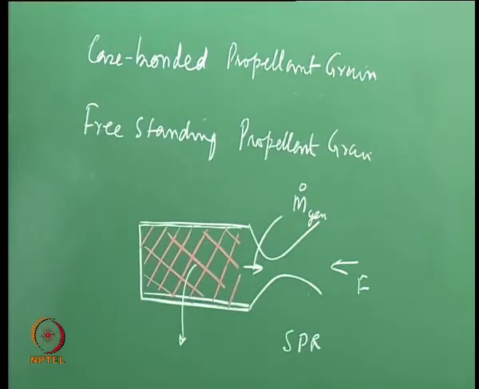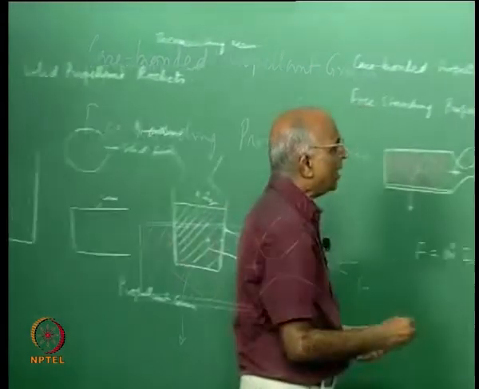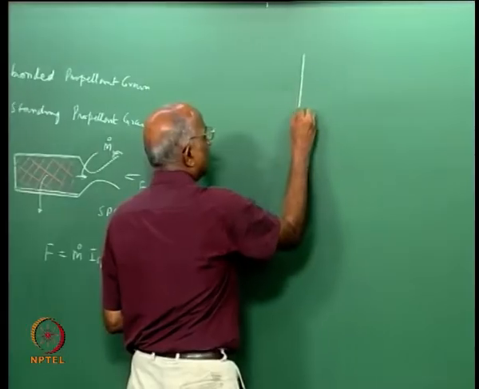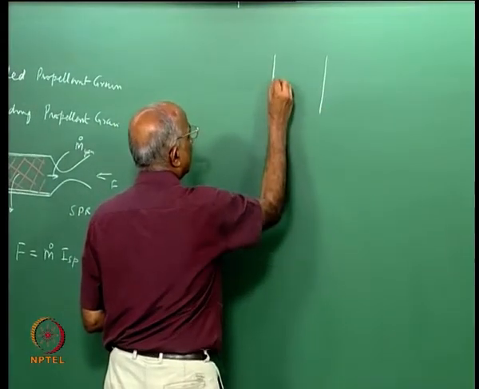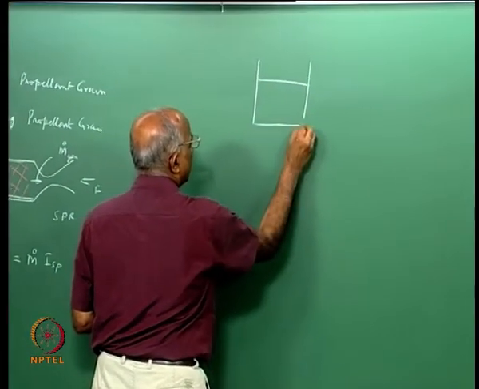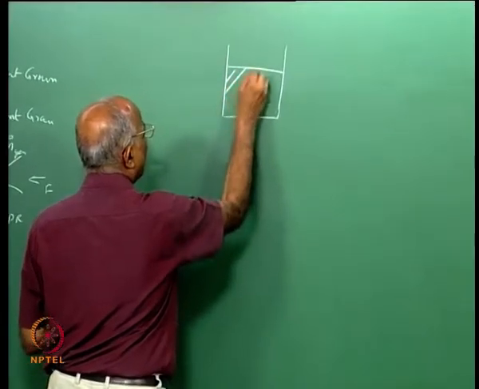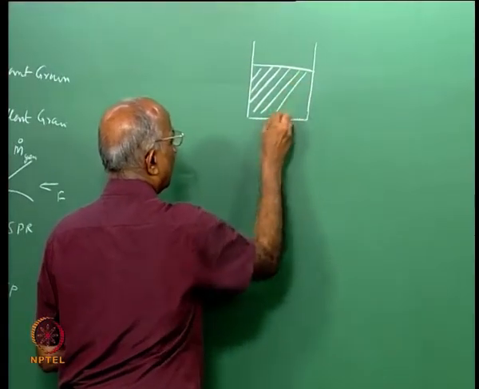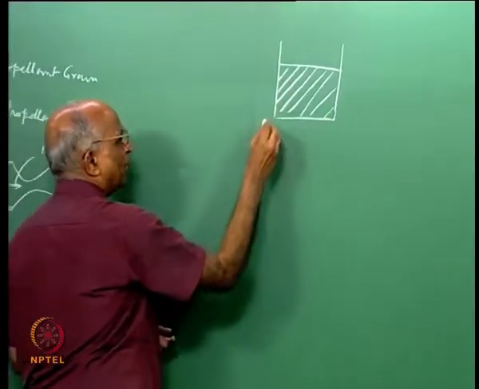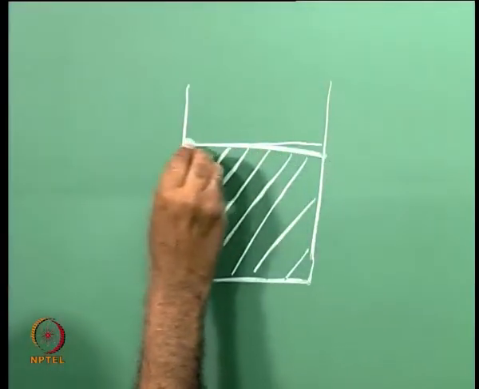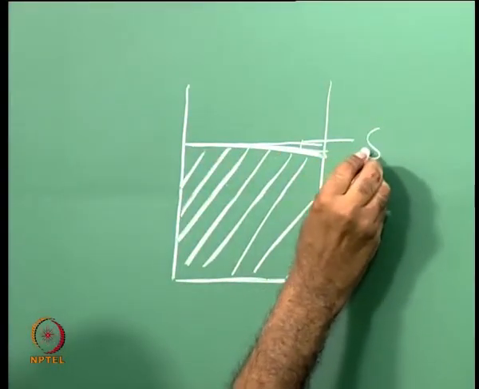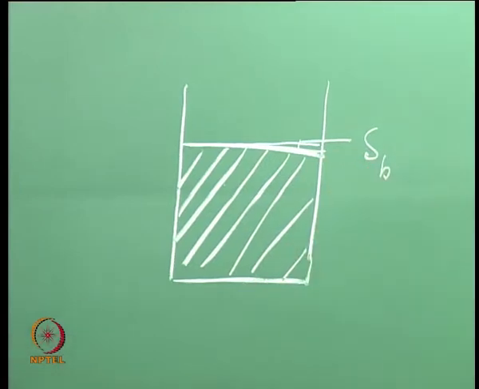Now let us get back and ask ourselves: I have a case over here, I put the propellant block inside it, and let us say I have no nozzle at all. I want to generate hot gases. This is the surface area of my propellant, which I call the burning surface area, SB.